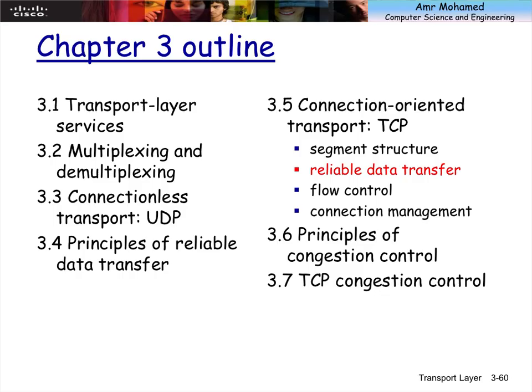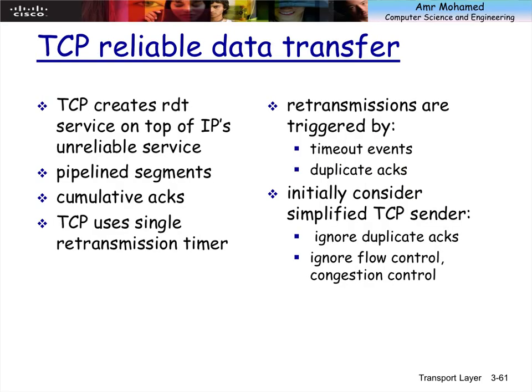Today we'll talk about reliable data transfer for TCP, not the principles, but how TCP makes sure not to overwhelm the receiver. We need to ask ourselves: we discussed stop and wait, we discussed go back N, we discussed selective repeat, and we talked about the differences between these approaches.